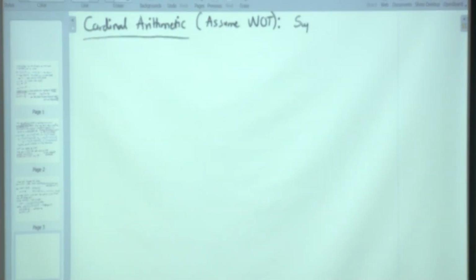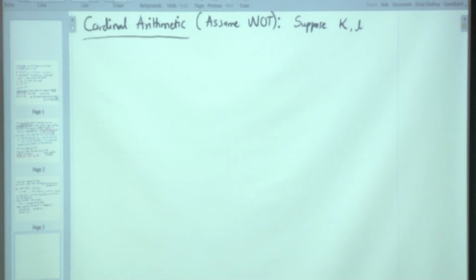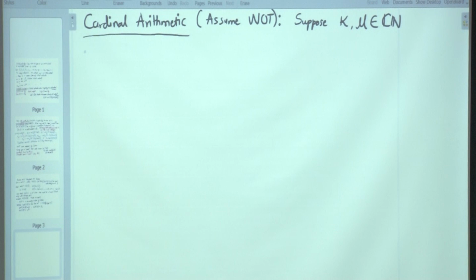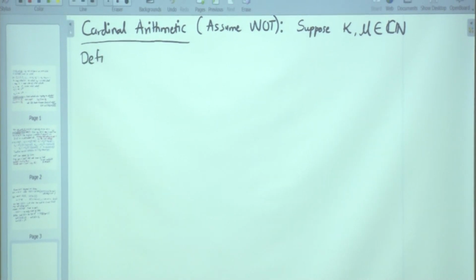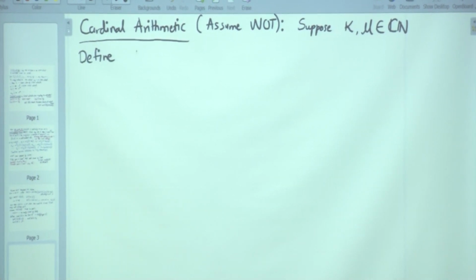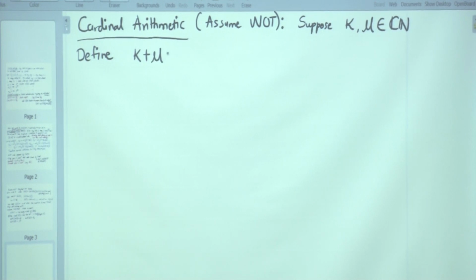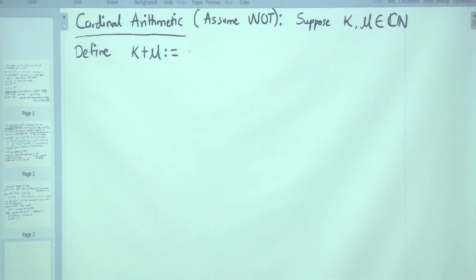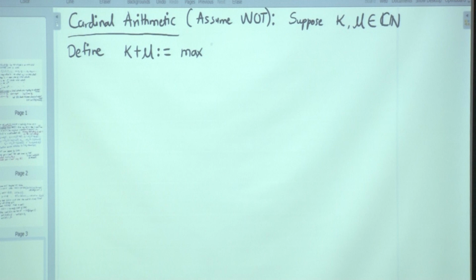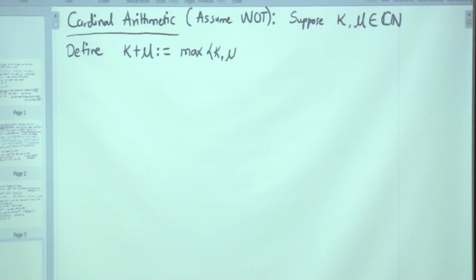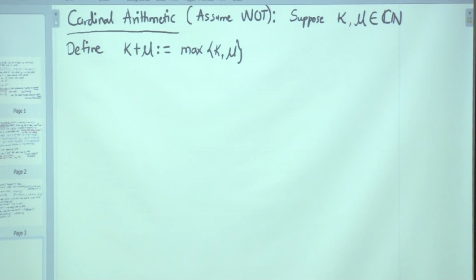Suppose kappa and mu are cardinal numbers. Define kappa plus mu to be equal to the maximum of kappa and mu. Very boring.